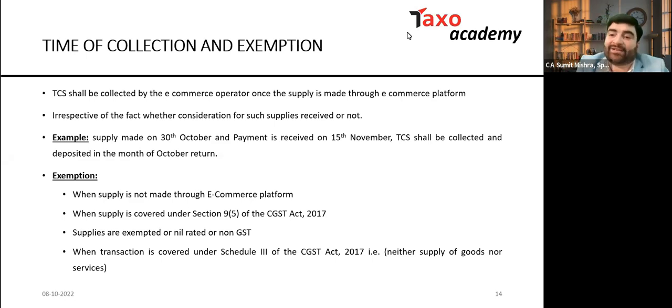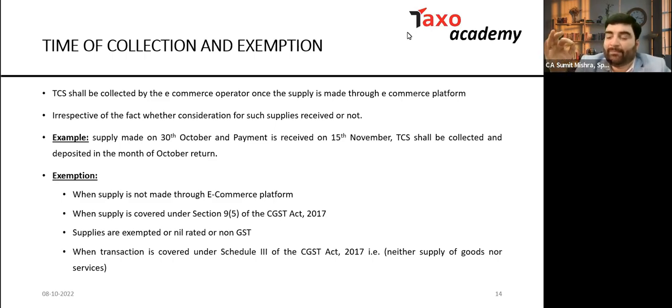But there are certain specified services which are being rendered through the e-commerce platform, wherein the responsibility to pay the tax lies on the e-commerce platform itself. Like in other cases, if I am supplying through Flipkart, then the ultimate responsibility to pay the tax on that supply lies on me, the ultimate supplier, not the e-commerce platform.